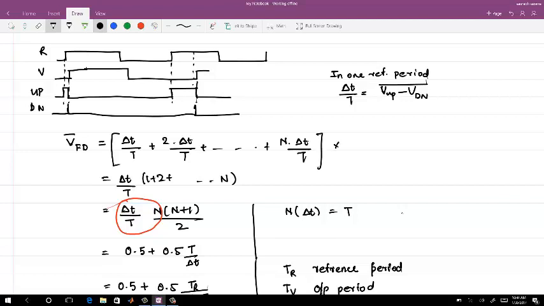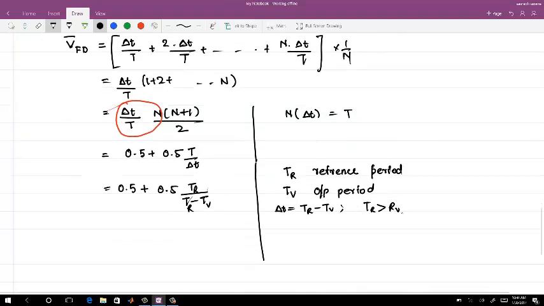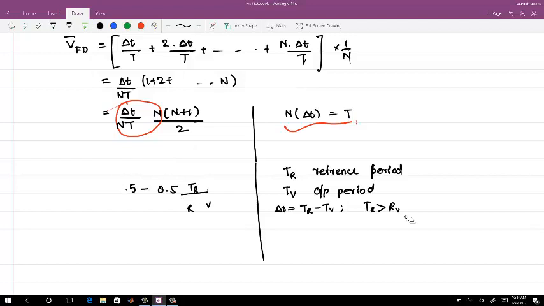So you mean to say this? Let's see this. Okay. So this one is divided by n. This expression is right? So let me just try it here. So delta t. Now this one will be, so that is gone. So I have 0.5 into 1 by n plus 1, which is equal to 0.5 times 1.